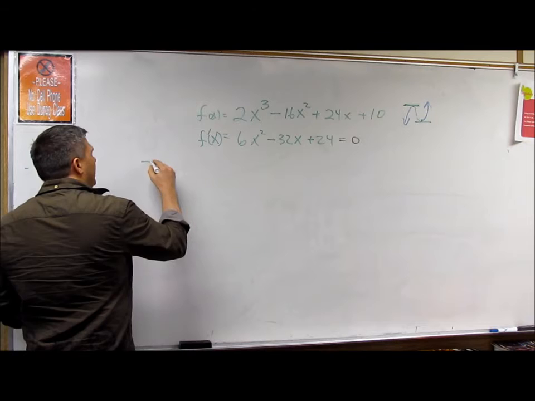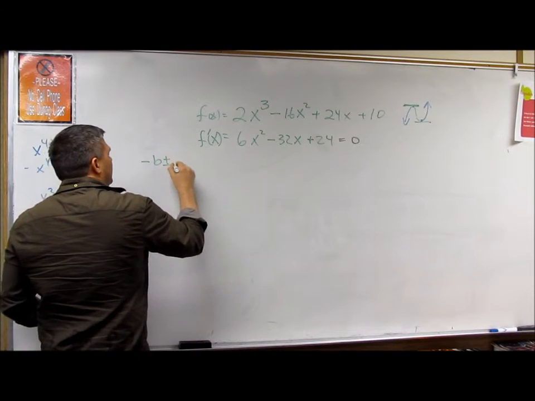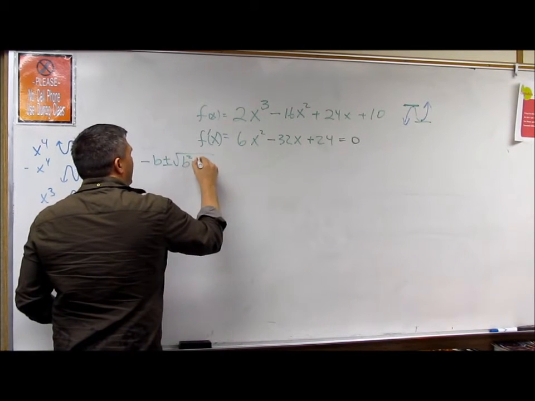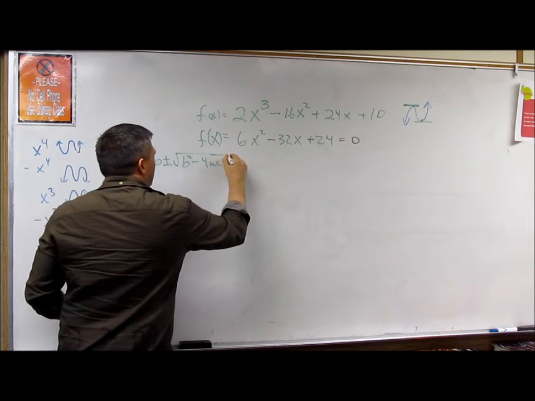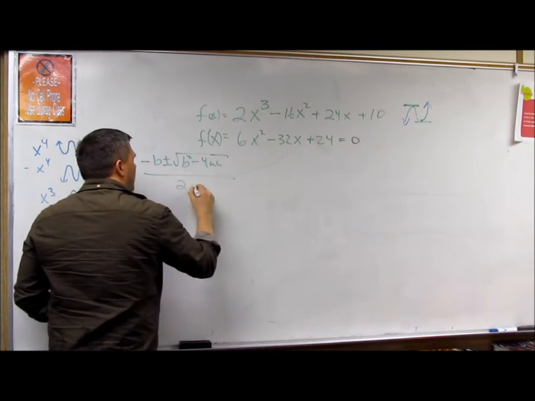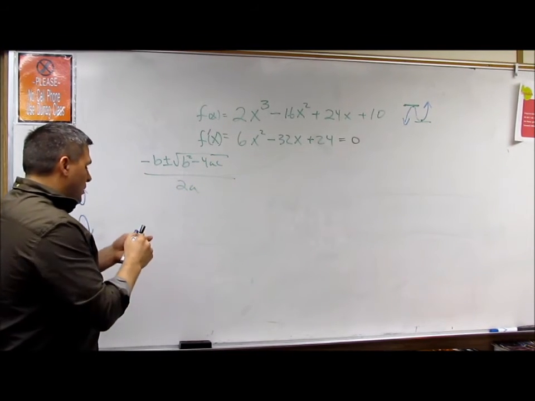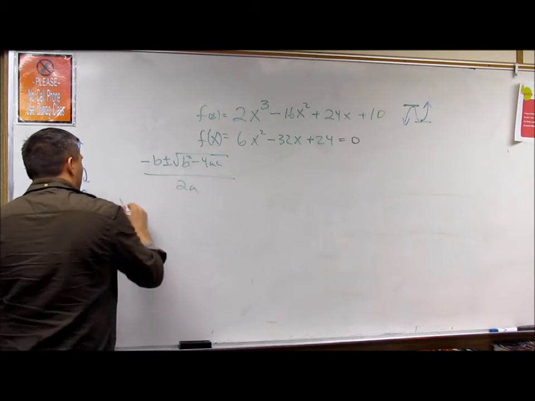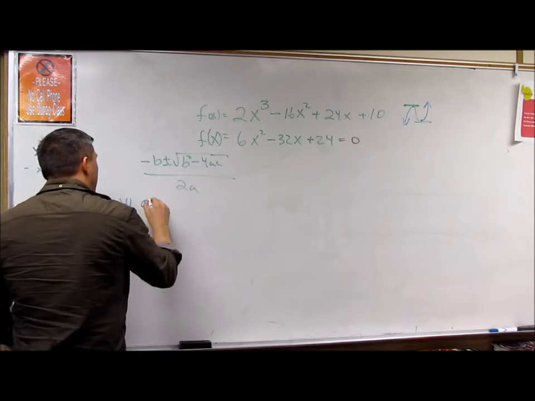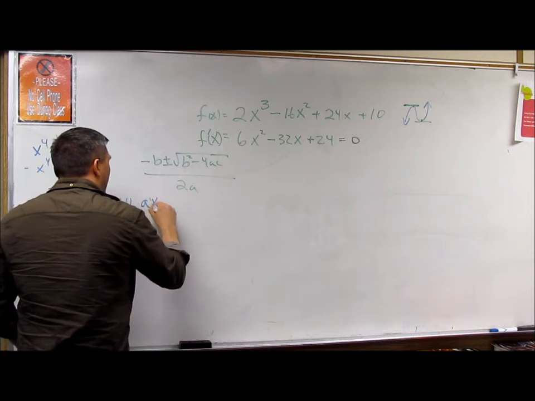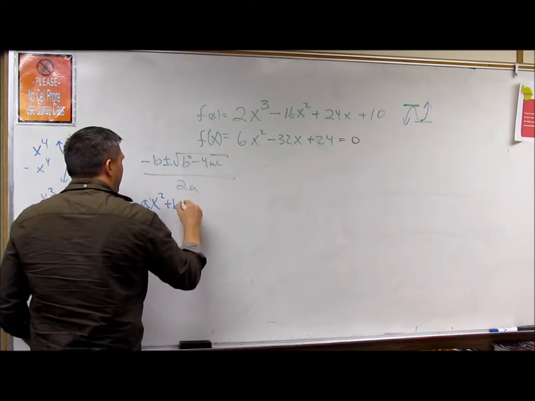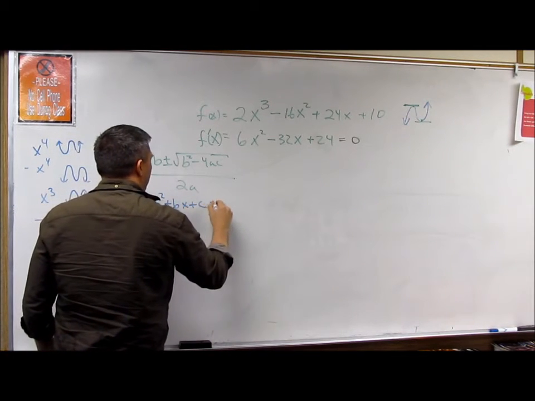Remember, negative b plus or minus the square root of b squared minus 4ac all over 2a. So, ax squared plus bx plus c equals 0.